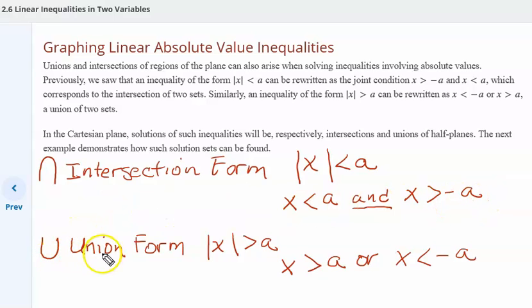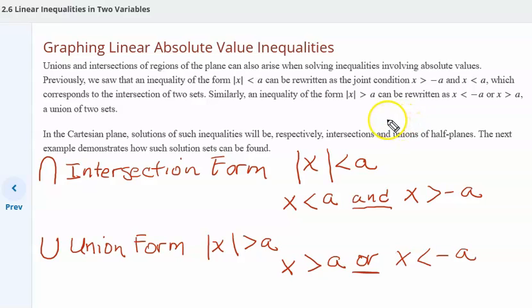In the union form of absolute values, the absolute value of x is greater than a could be written x is greater than a, just remove the inequality signs, or now, indicating union, x is less than negative a.